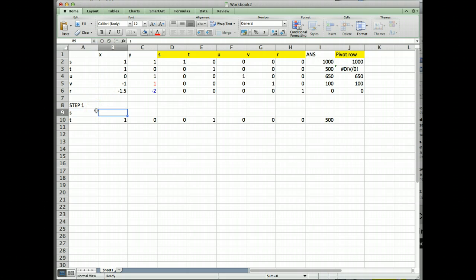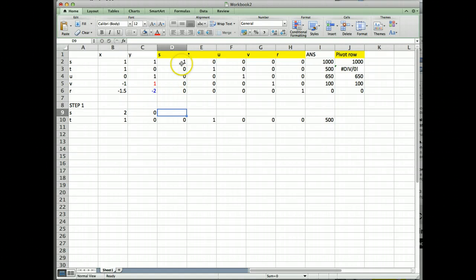So my new row S, negative 1 times the V column, negative 1 times negative 1 is 1. 1 plus 1 is 2. I go over here, negative 1 times 1 is negative 1, negative 1 plus 0 is 0. Oh, I don't want to do that. I don't want to get rid of it in that one. I'm going to put it up here. There we go.